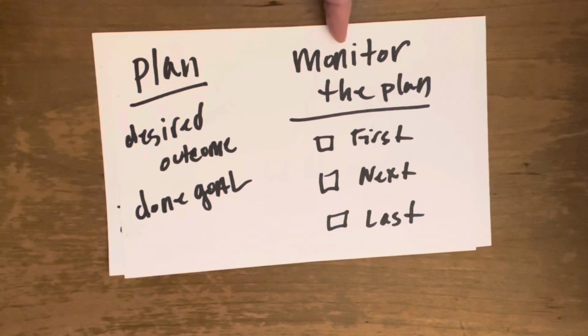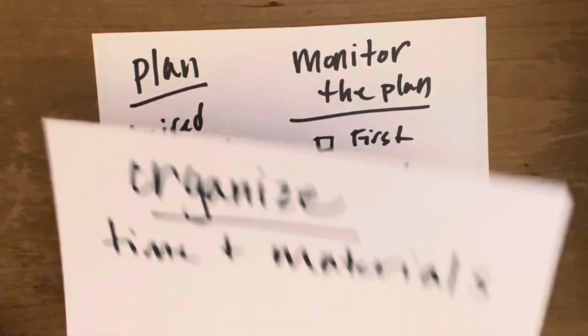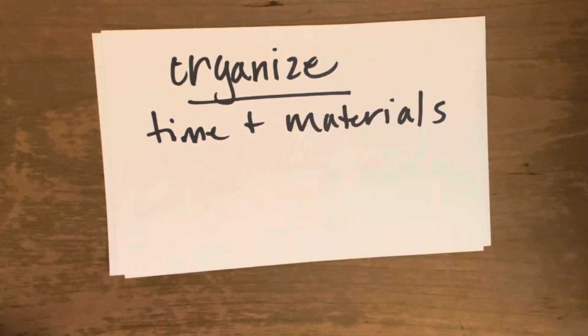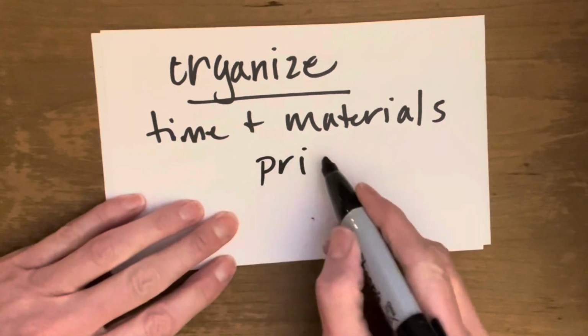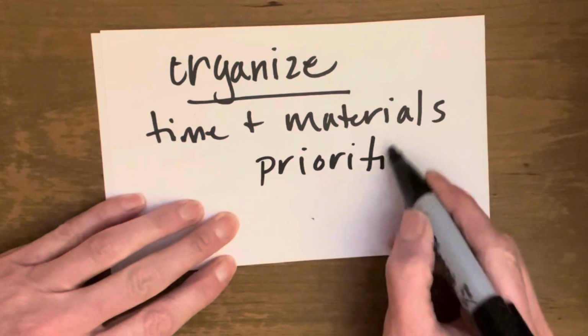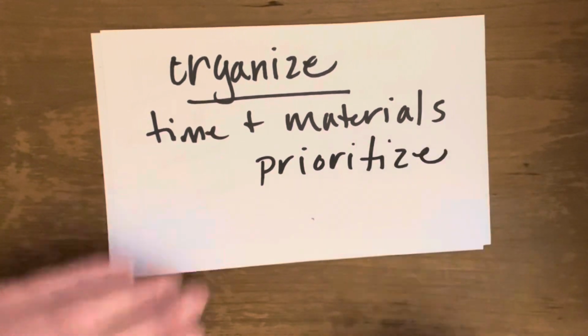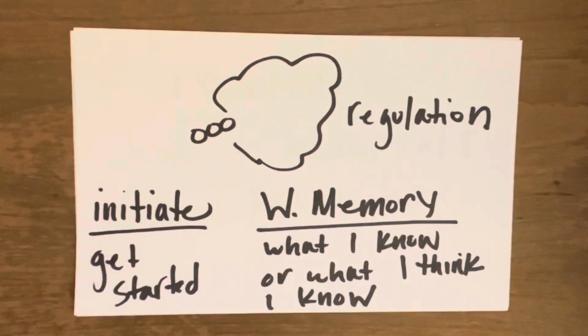So task completion, monitoring the plan, that's an inner resource. And then what do I need to organize the plan? So how do I prioritize as well?